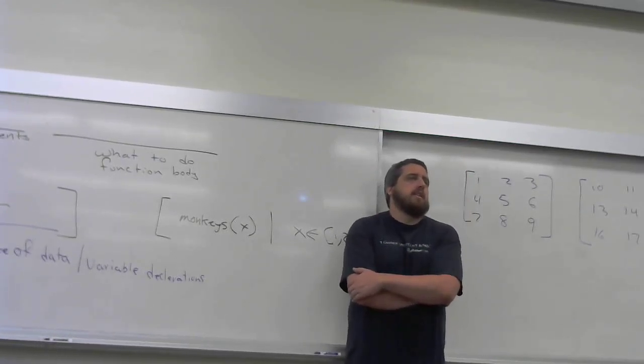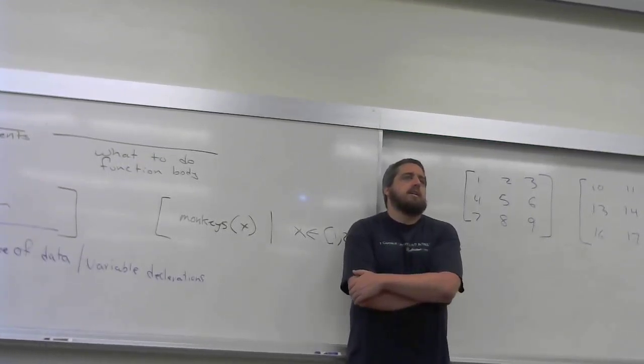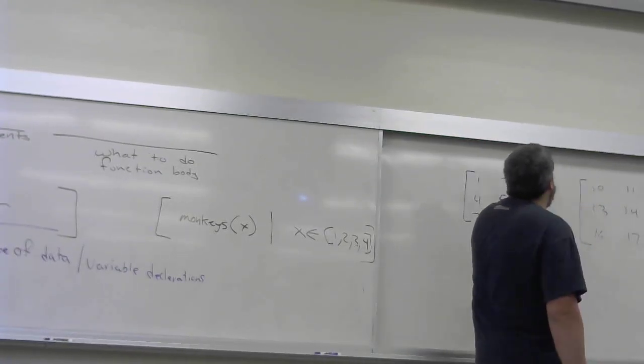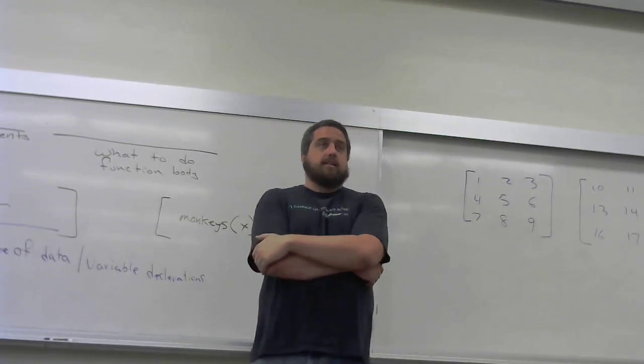The rows of the first one have to equal the columns of the second. Or sorry, the number of columns of the first matrix has to equal the number of rows of the second. Why?